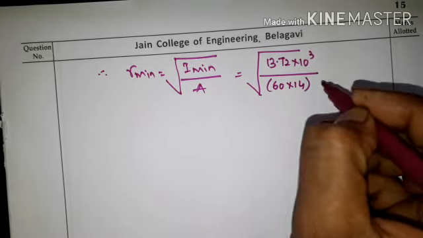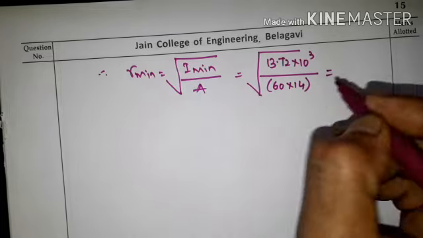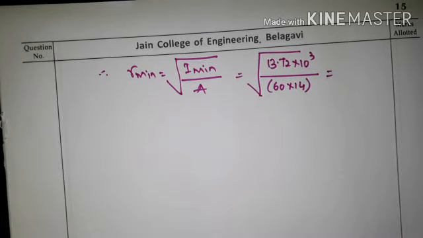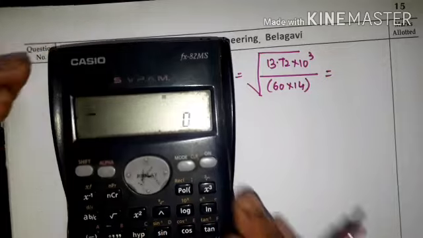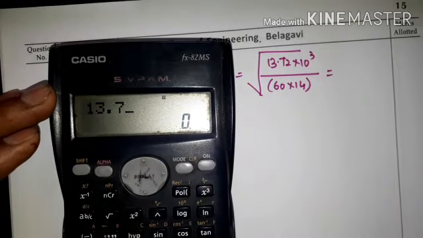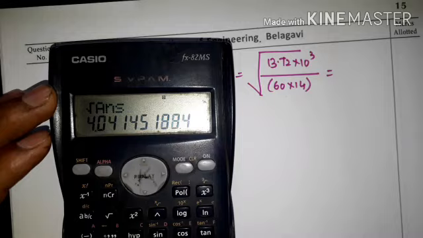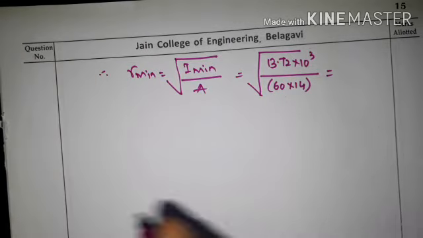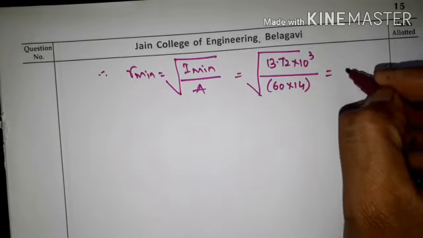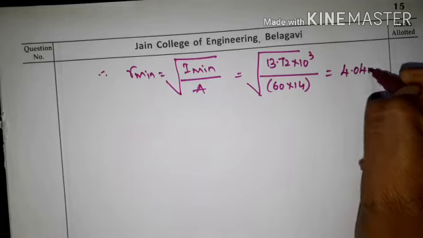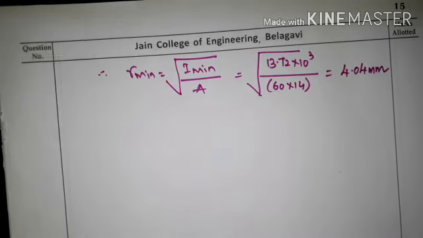So we'll get R minimum is equal to 13.72 into 10 to 3 divided by 60 into 14, which gives 4.04 mm. So this is regarding R minimum.